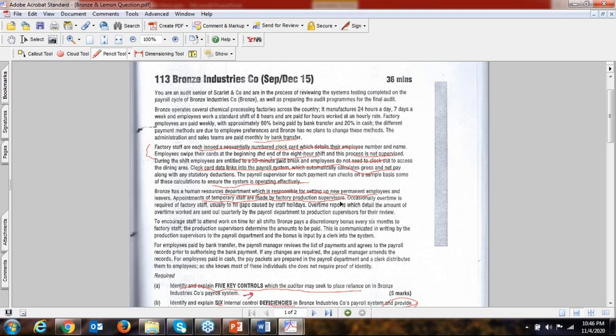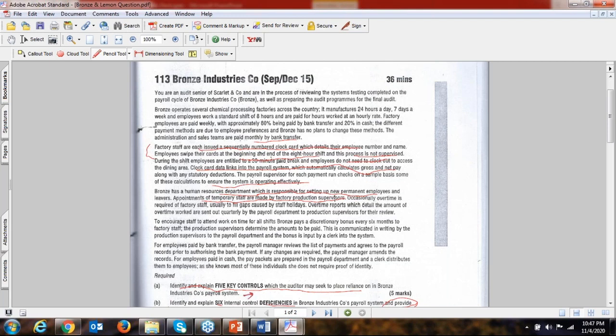This ultimately leads to an increase in cost, because if factory production supervisors do not hire the right person for the right job, the company's turnover will be high, which increases the cost of Bronze.